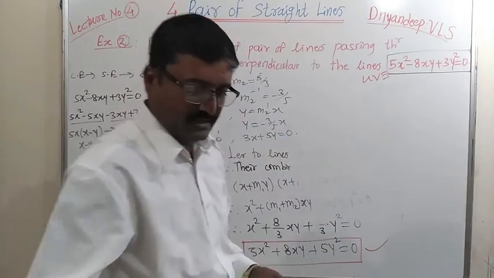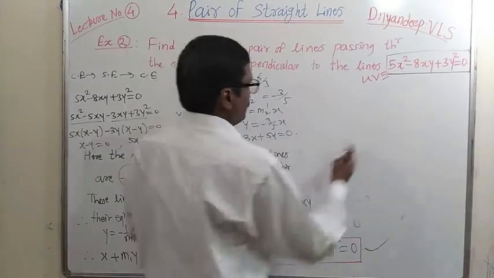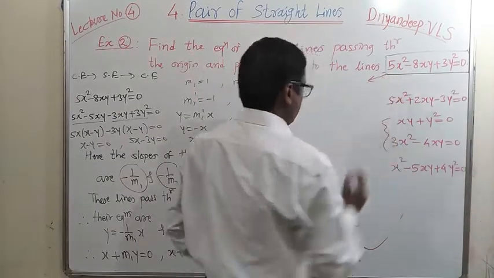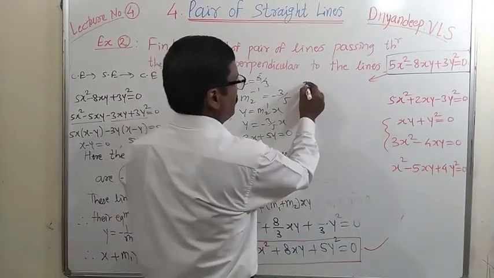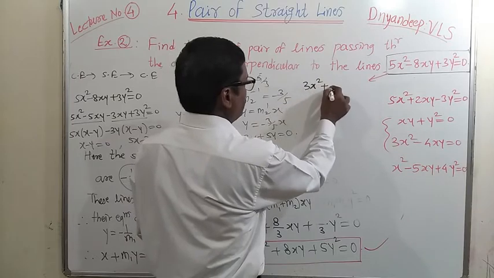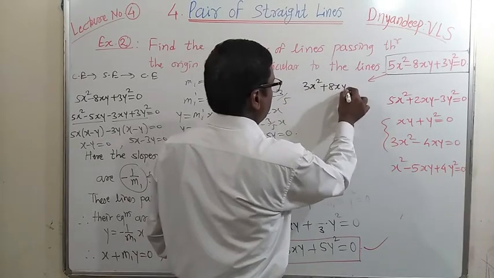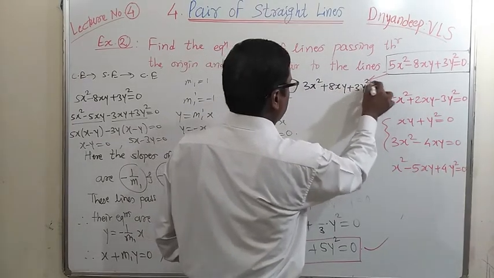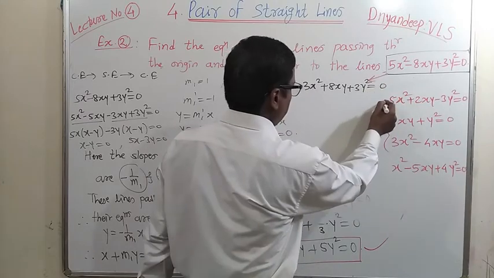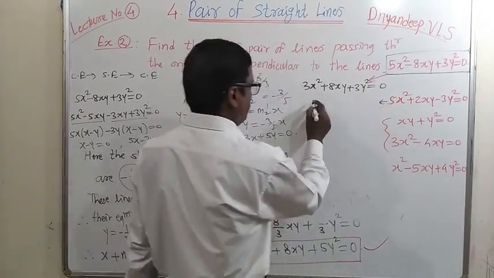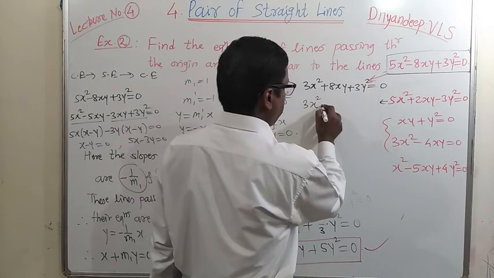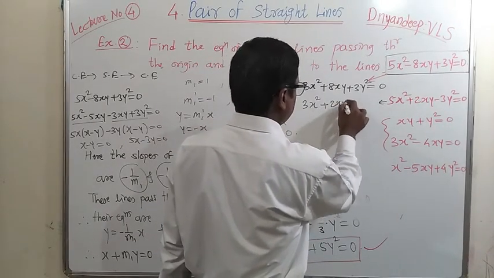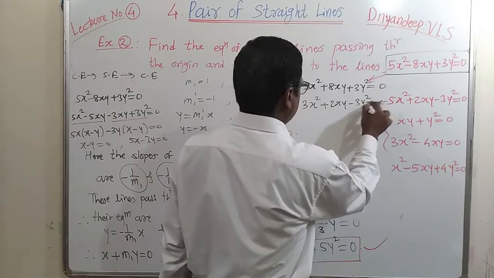We will take some examples here. The answer related to this question, we get 3x square plus 8xy plus 3y square equal to 0. The answer of this you can directly write as 3x square plus 2xy minus 3y square.